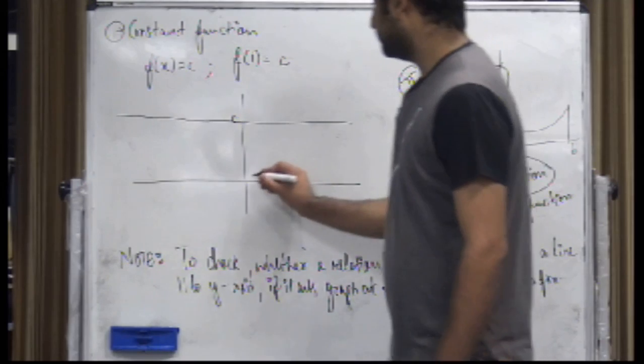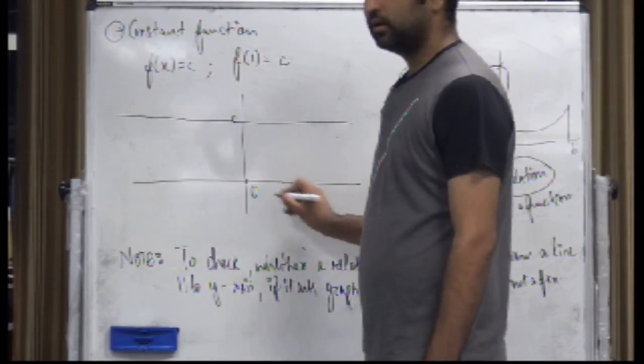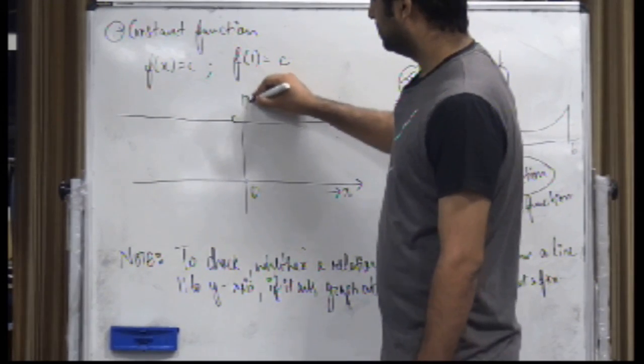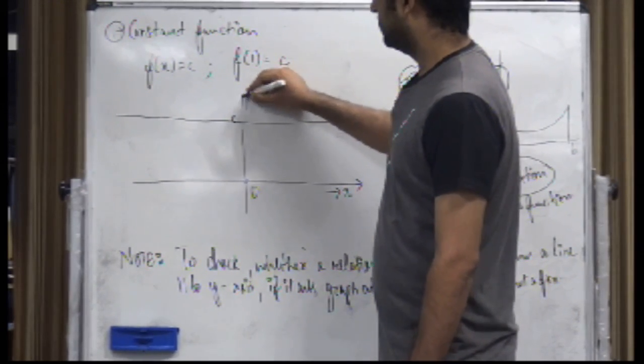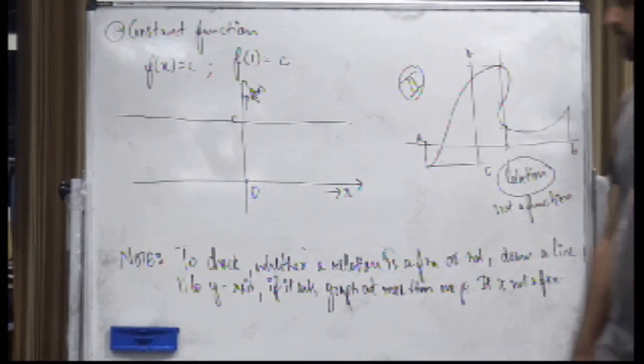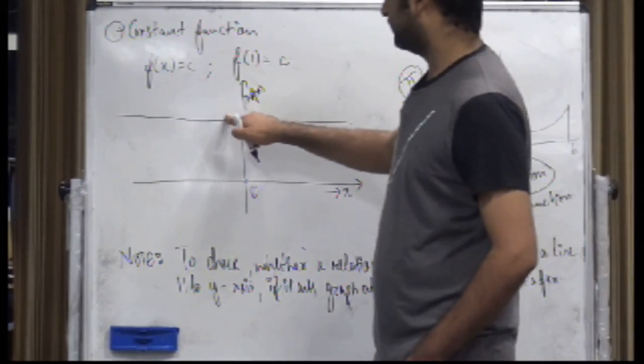This is the origin. This is the x-axis. All the values of x go over here. This is f(x), the y-axis. All the values of f(x) go over here. So this is the graph of the constant function.